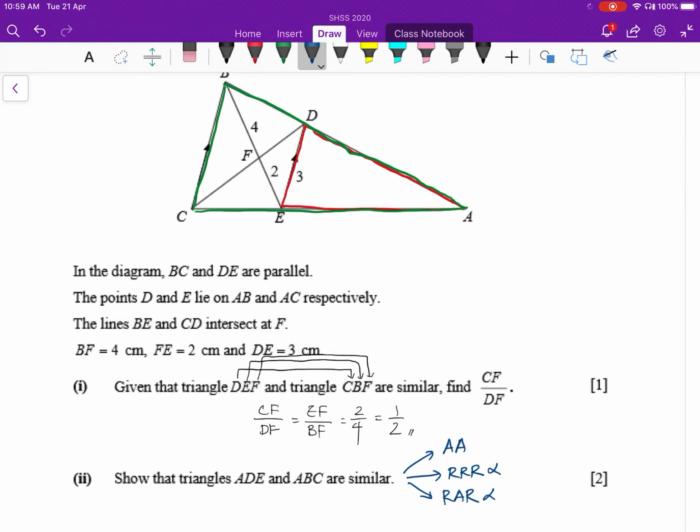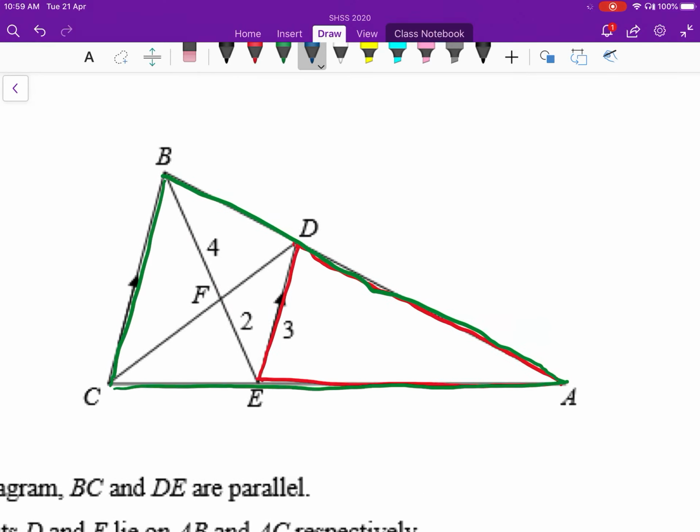So we can only use AA. Find 2 angles that are the same. Let's think about it. The red triangle and the green triangle, this top angle is the same because it is the common angle. There's another angle that is the same, which is this angle and this angle here, which are the same because of corresponding angles.